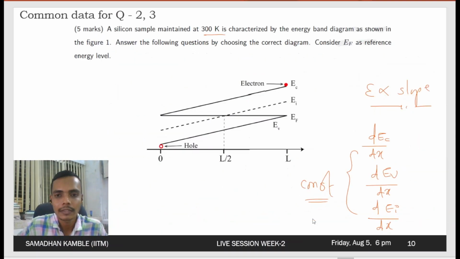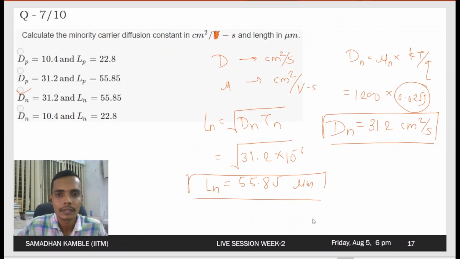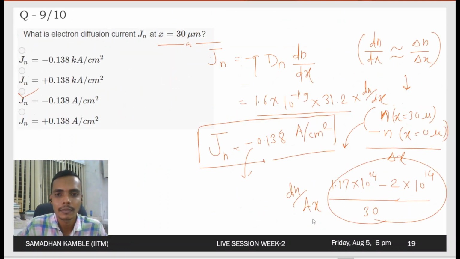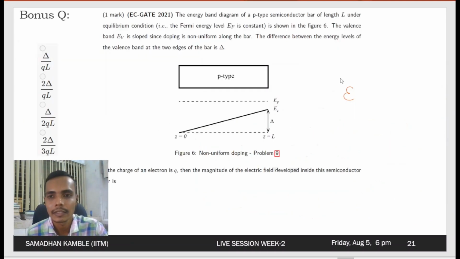In our case, the band that is bending is the EV, that is the valence band level. So we can write E as equal to 1 over q dEV by dx.